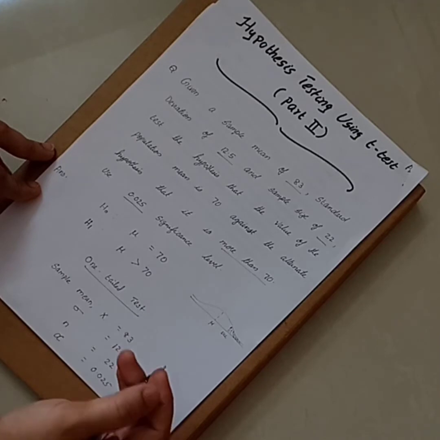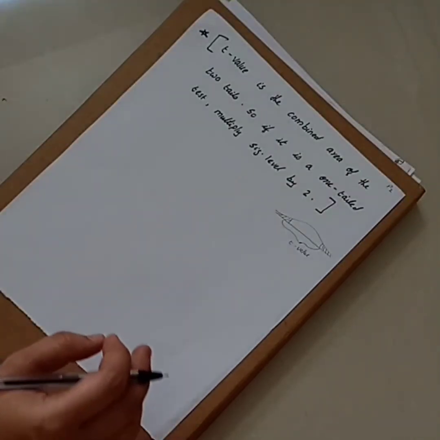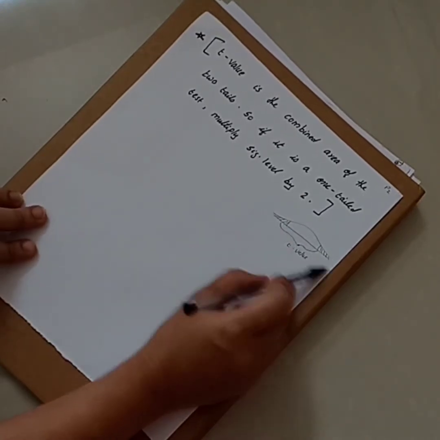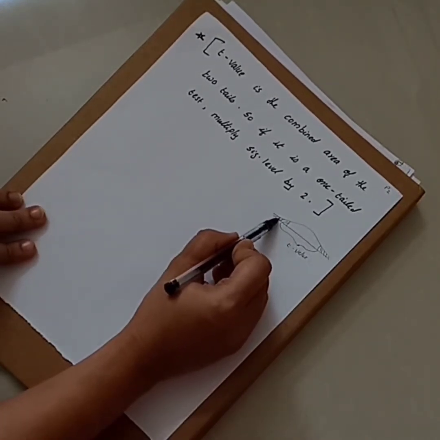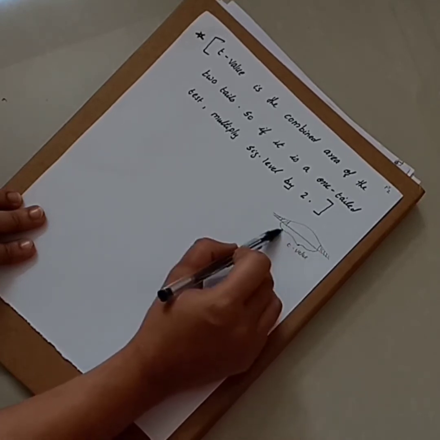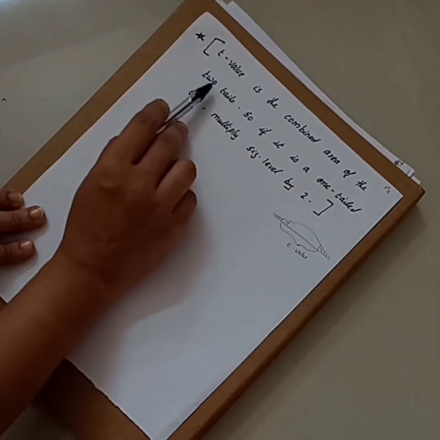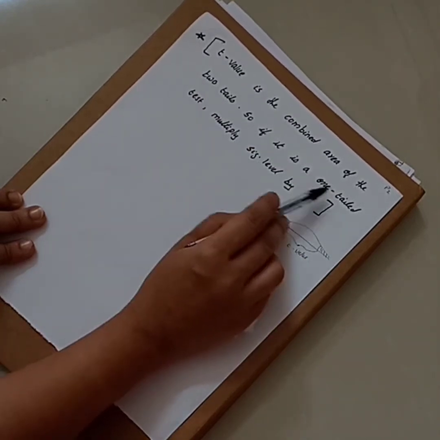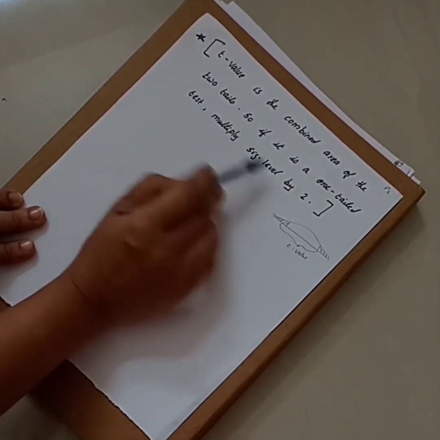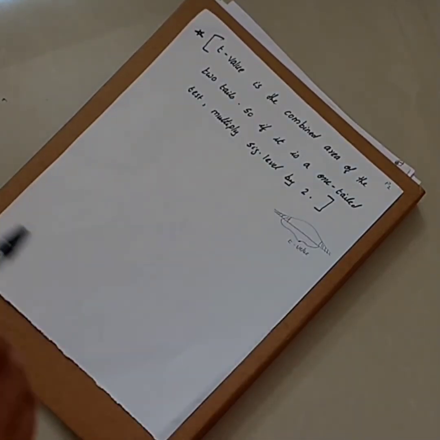In the case of any t-test, look at this figure. This is a t distribution, right? These two tails are combined together, and that is the t value. So the t value is a combined area of two tails. So if it is a one-tailed test, you need to multiply the significance level by 2.